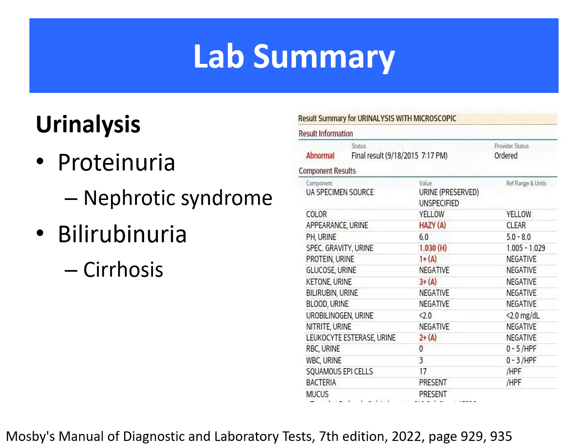Urinalysis, if there is massive proteinuria, written as 4 pluses in the lab report, consider the possibility of nephrotic syndrome.